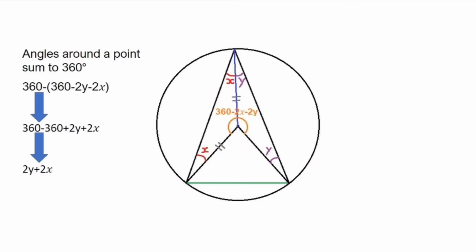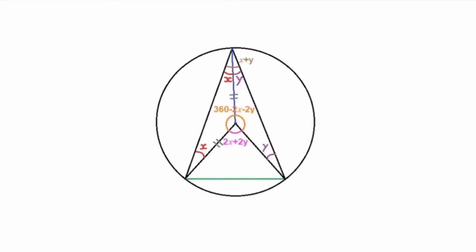So we do 360 minus brackets 360 minus 2y minus 2x. When you multiply the bracket by the negative, this becomes 360 minus 360 plus 2y plus 2x, which, when you subtract 360 from 360, gets you to 2y plus 2x, our final value for the angle at the centre.